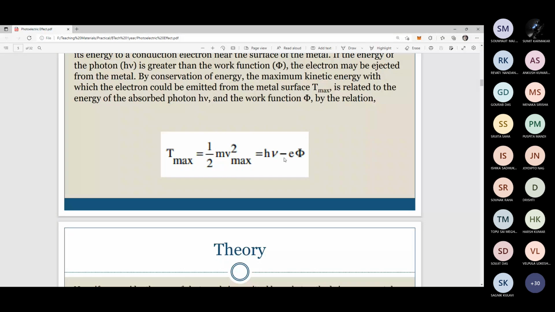That means the energy supplied by the photon is equal to half m v squared plus e phi. So this e phi is used to escape from the material, and the remaining part is used to give it kinetic energy.